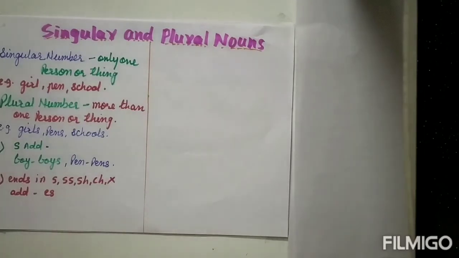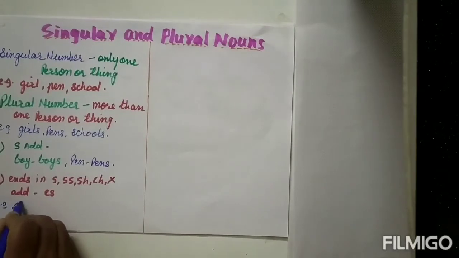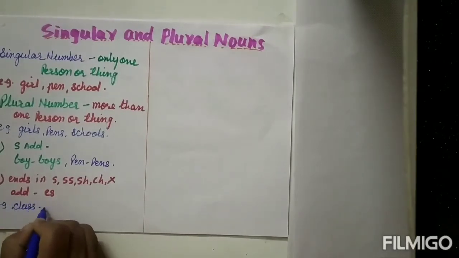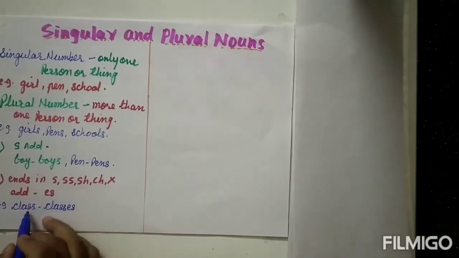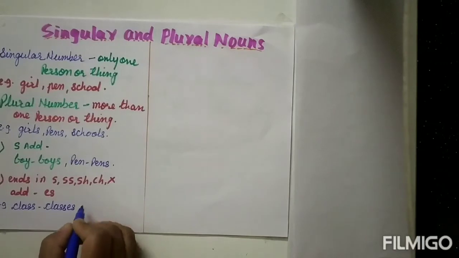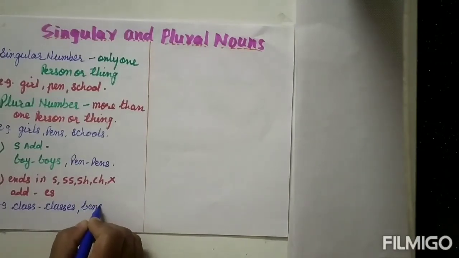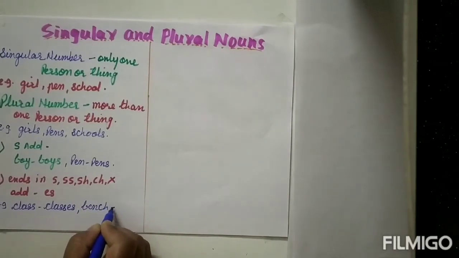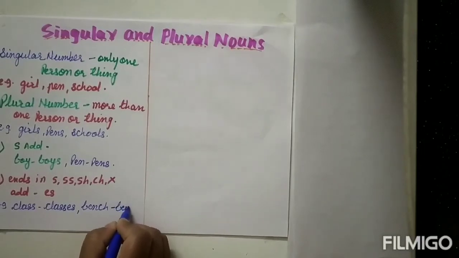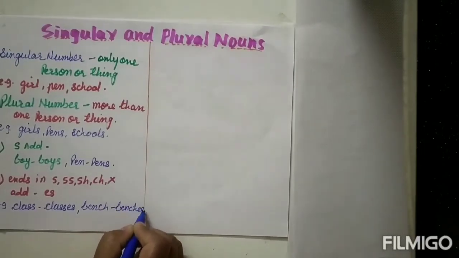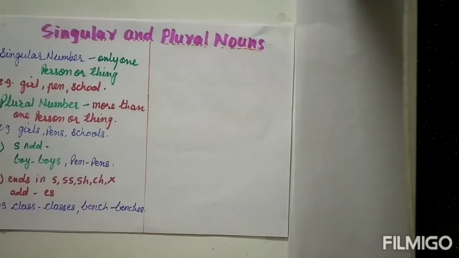For example, we see the example class, classes. Means here double s we add es. Bench, ch is there, so again we are going to add es. Okay, benches.